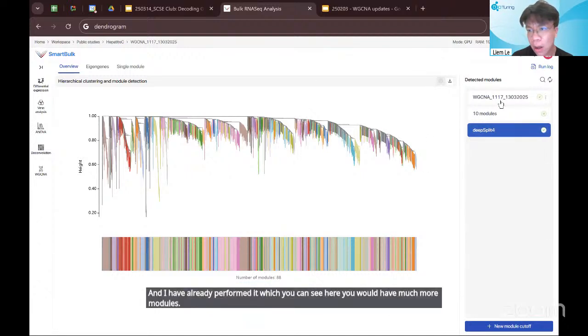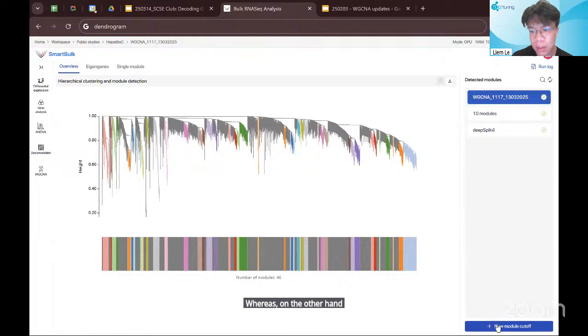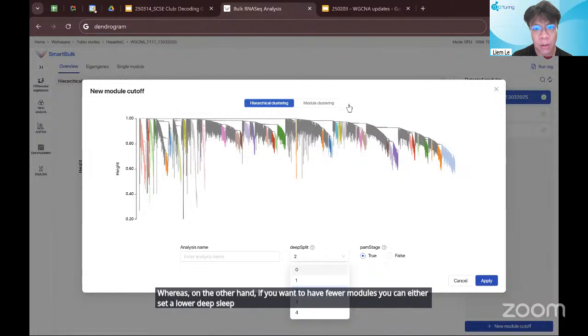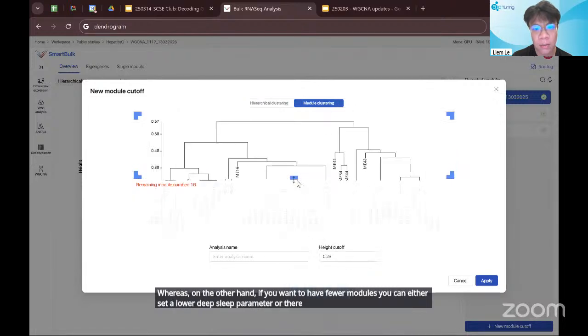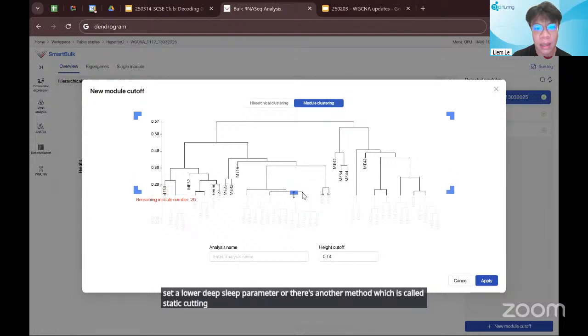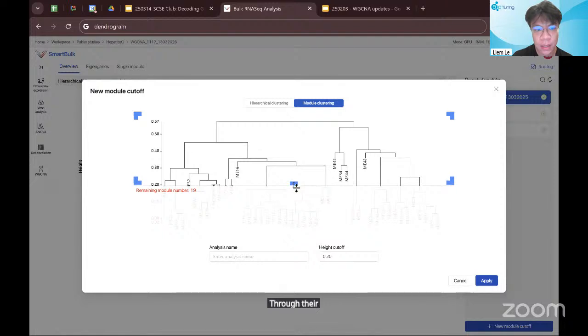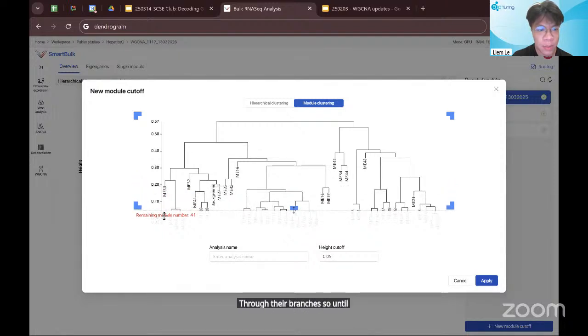Whereas on the other hand, if you want to have fewer modules, you can either set a lower deep split parameter, or there's another method, which is called static cutting, if I remember correctly. So essentially, it is just cutting the initial dendrogram through their branches, until you have the desirable number of modules.